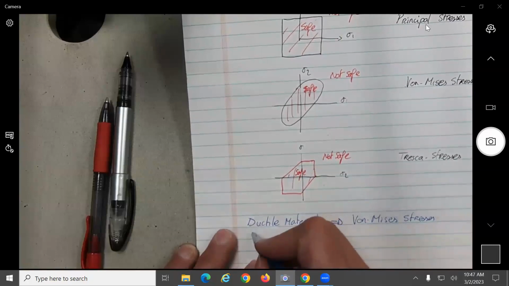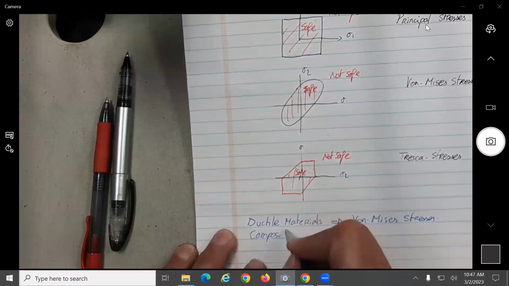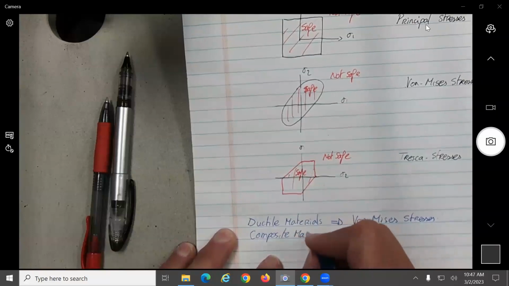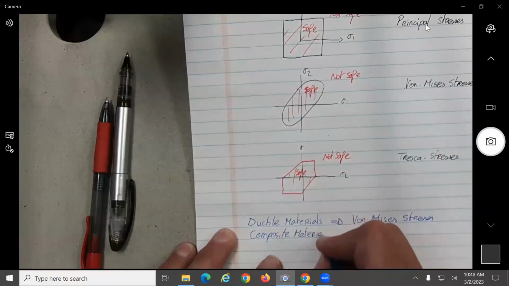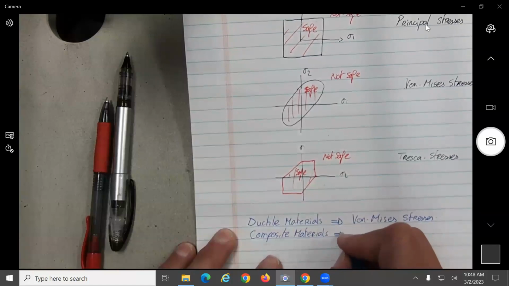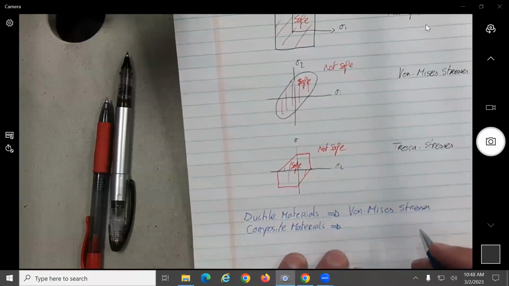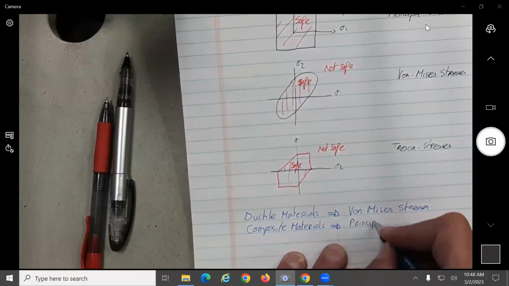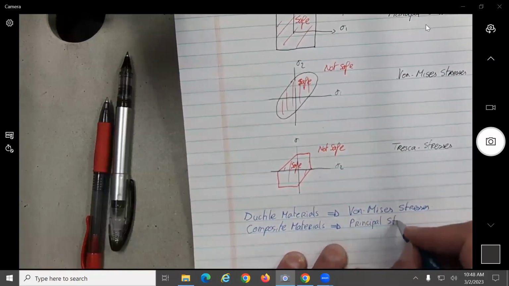Then the other type of materials would be composite materials. Which one did I suggest? The principal stresses.